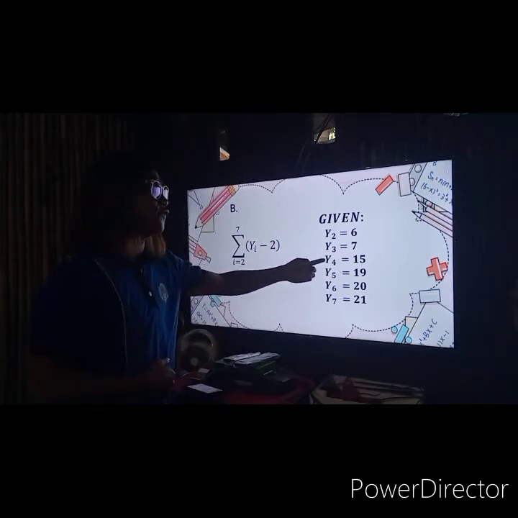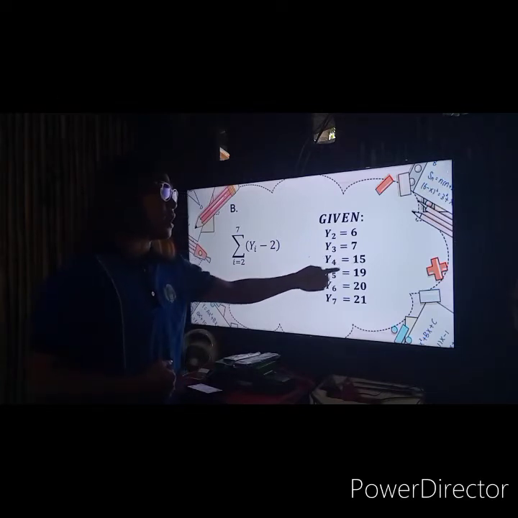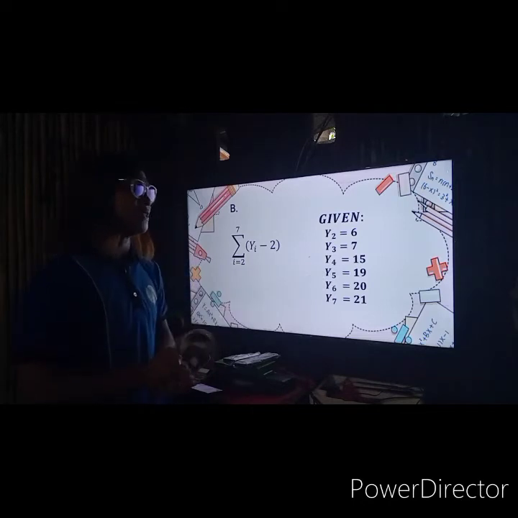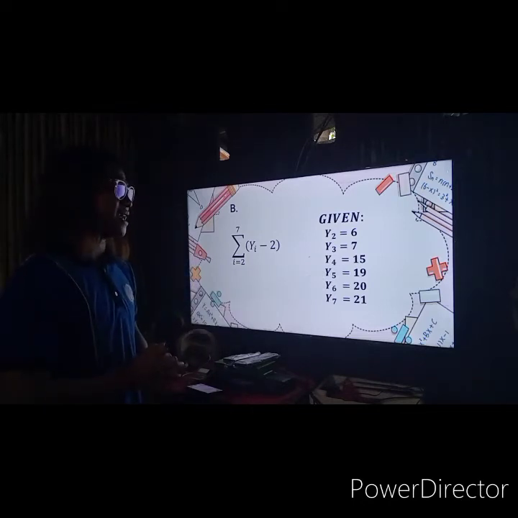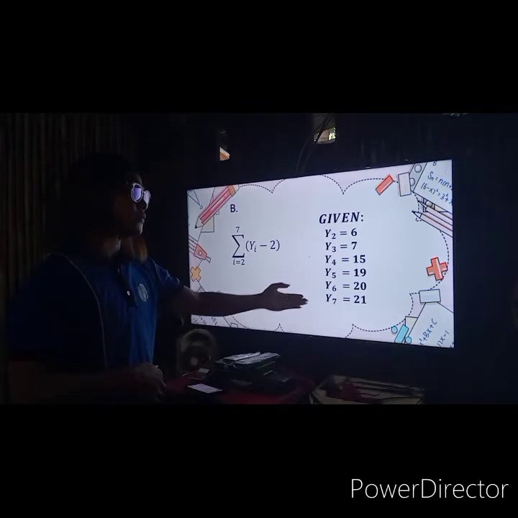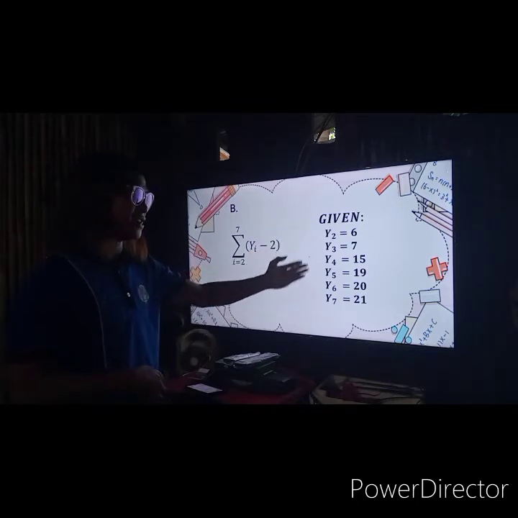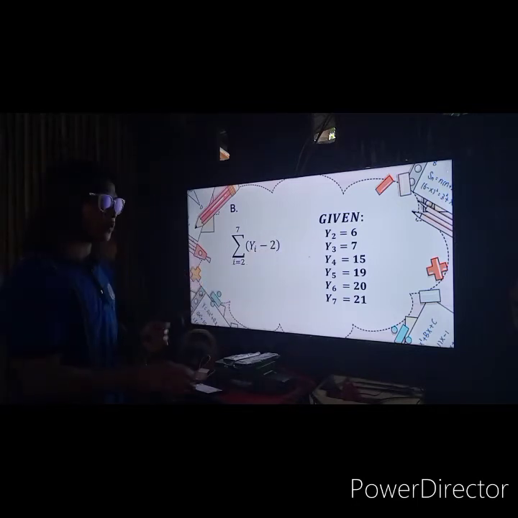Our y sub 4 is equivalent to 15. y sub 5 is equivalent to 19. y sub 6 is equivalent to 20. And our y sub 7 is equivalent to 21. Always remember these givens. So let's go to our solving.